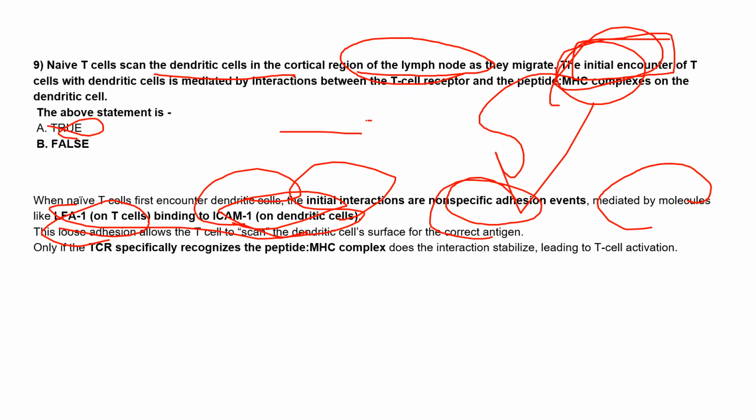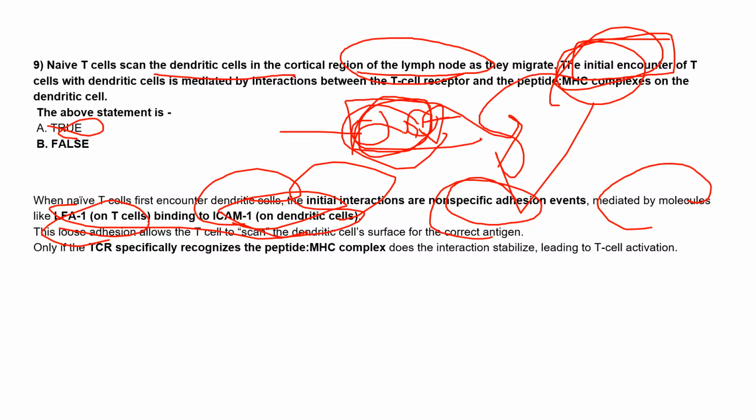Before peptide and MHC there is one more interaction. The peptide-MHC interaction activates the cells and converts the naive T cells into mature T cells, and they eliminate the antigen. We know that, and this is the important one also.